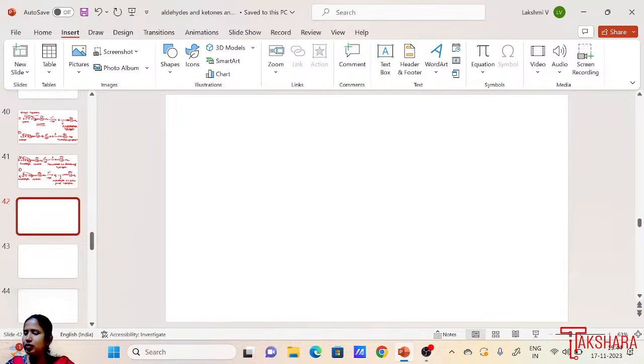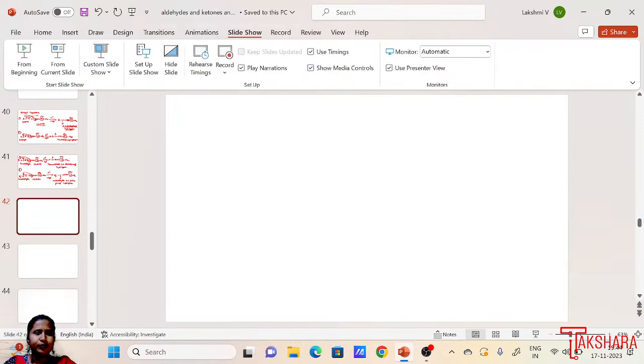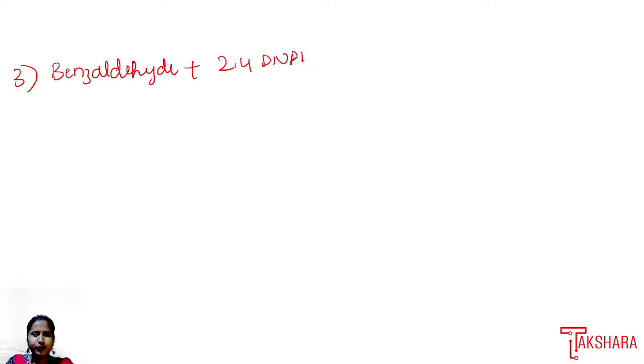Okay, so next we'll consider the next example. After acetaldehyde, let us consider benzaldehyde, the third example, with 2,4-DNPH.